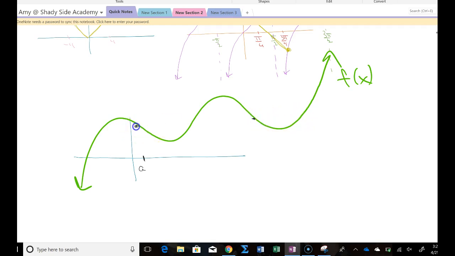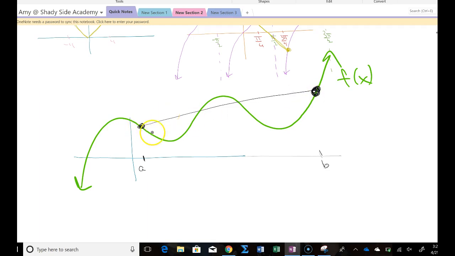Let's erase that and go back. A to b. Here are my points, and look at that, there's the slope of the secant line. I missed, and when you miss, you just make the dot bigger.